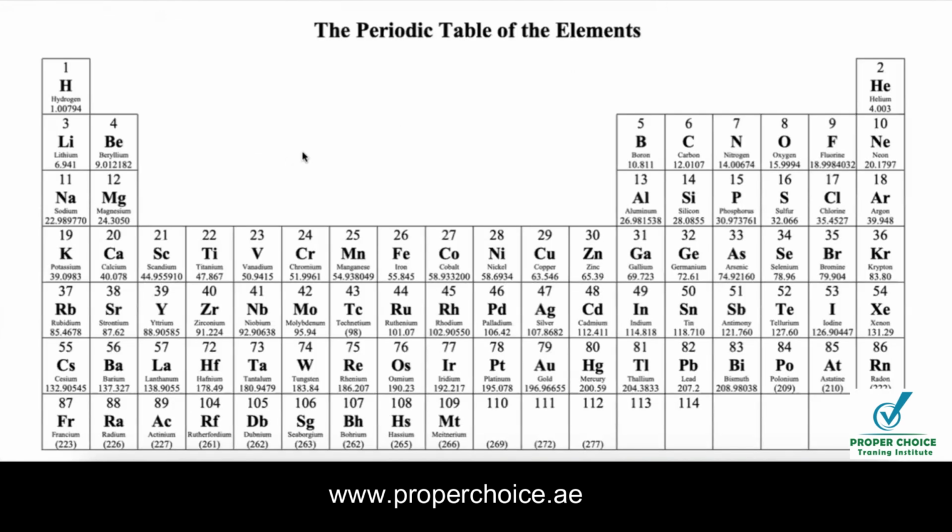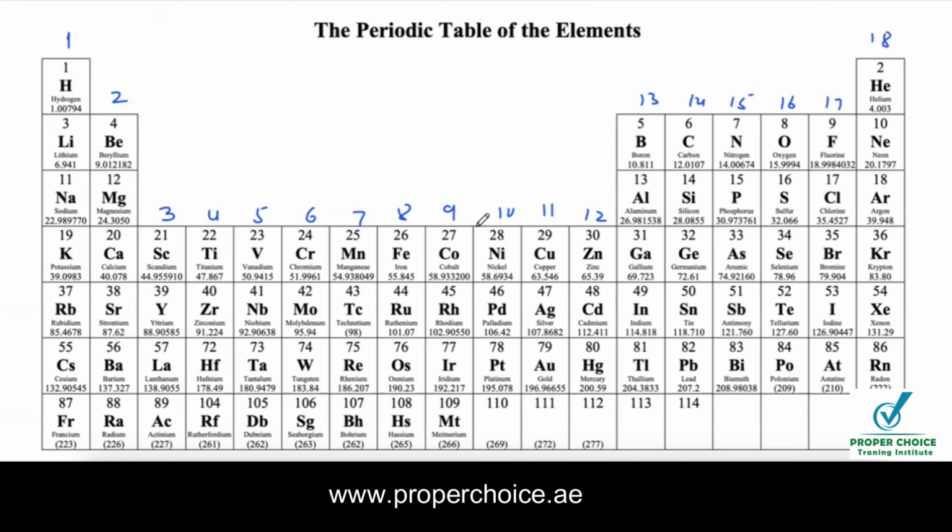You should know on the periodic table what is called a group and what is called a period. The columns, the straight lines we can draw vertically on the periodic table, are called groups. For example, this is the first group, second group, third, fourth, fifth, sixth, 7, 8, 9, 10, 11, 12, 13, 14, 15, 16, 17, and 18.